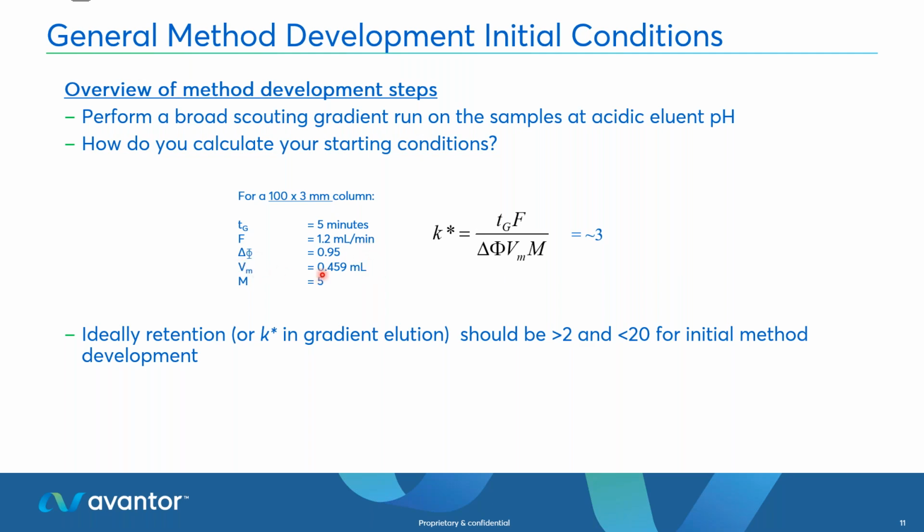The volume here is the volume for our 100 by 3 mm ID column. And this m for small molecules, we can estimate as 5. If you're working with larger molecules, this number differs. But for small molecule separations, we're using 5 within this calculation. That gives us a retention factor within a gradient, so k star, of around 3. Therefore, we should be getting good retention of our analytes in reverse phase using a 5-minute screening method.